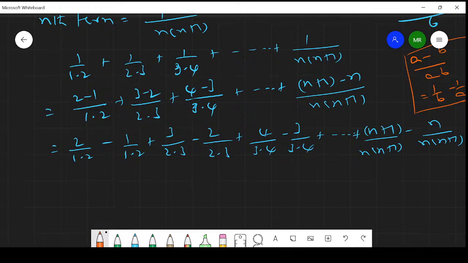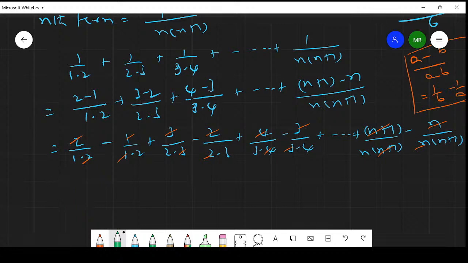Now you can simplify. This 2 will get cancelled, here 1 will get cancelled, 3 will get cancelled, 2 will get cancelled, 4 will get cancelled, 3 will get cancelled, and with n plus 1, n will get cancelled. Check the remaining terms now.